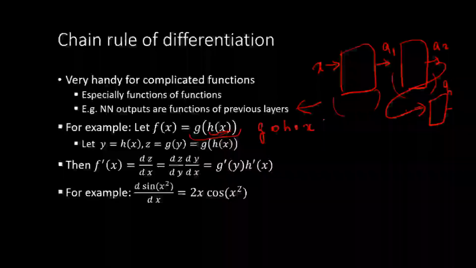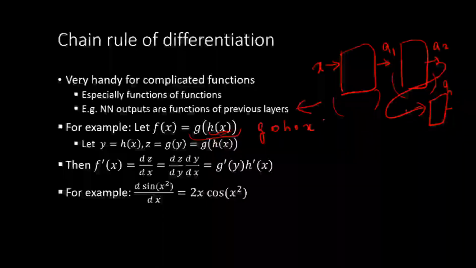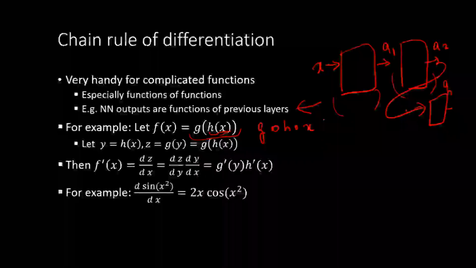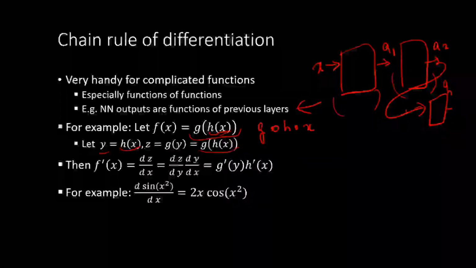Now if we want to find the derivative of f with respect to x, then we introduce some intermediate variables. Let's call h of x as y. Let's call g of y, which is g of h of x, that is your f of x, z.